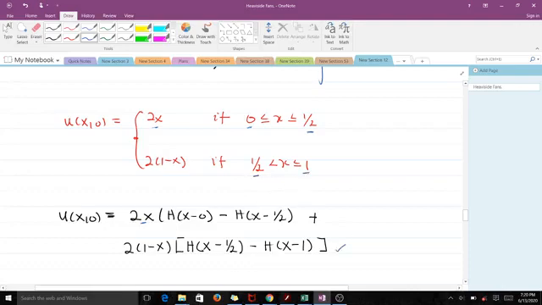So this here is the Heaviside function for our piecewise function, and this was what was given to us in the question. Since we are able to reduce our piecewise function into this form, the rest becomes so simple to follow.